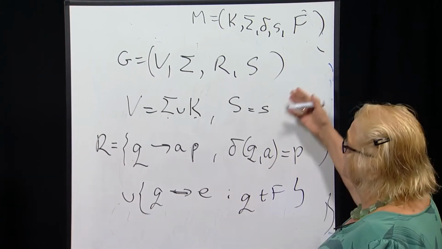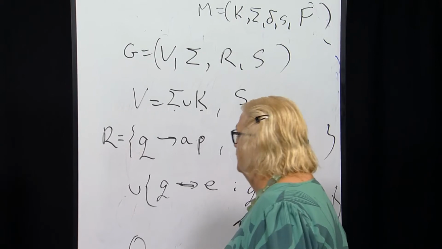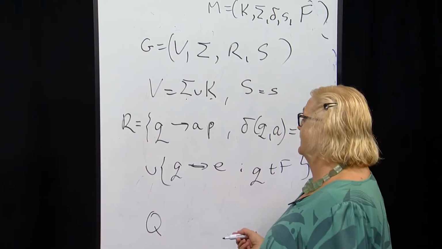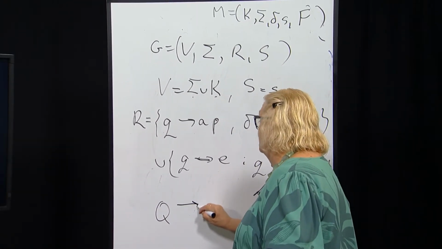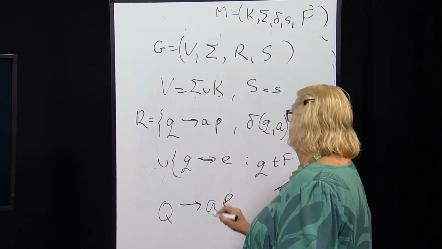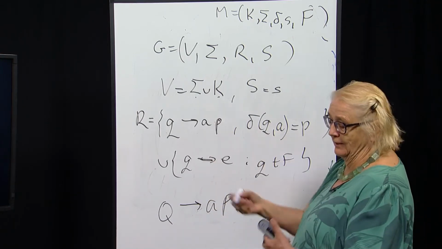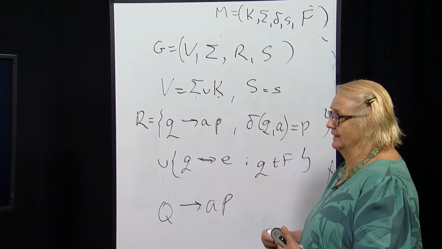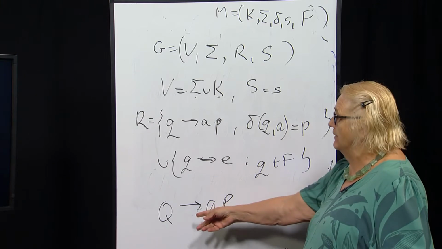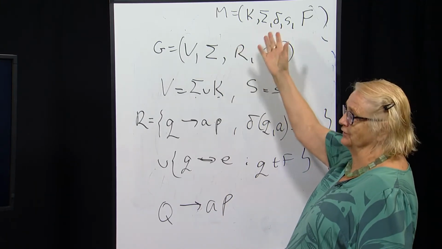Of course, I can change little q into capital Q, and that would be non-terminal. So you can write the rules Q, capital Q, A, P, capital P, and you can use the capital letters for the states.